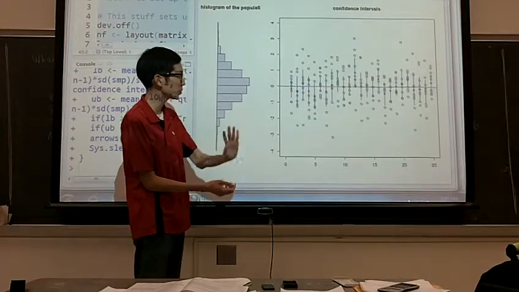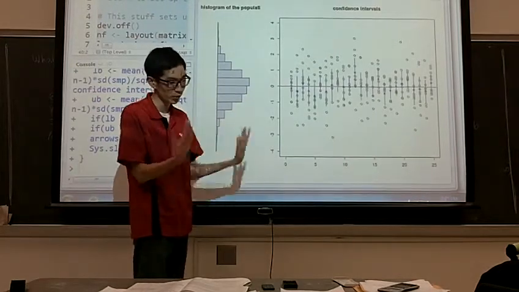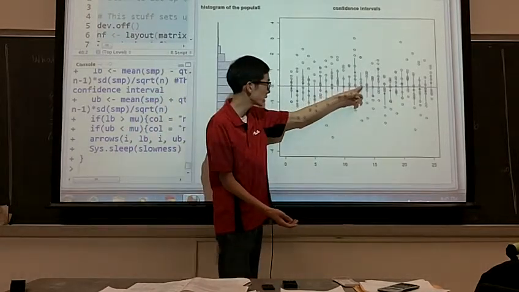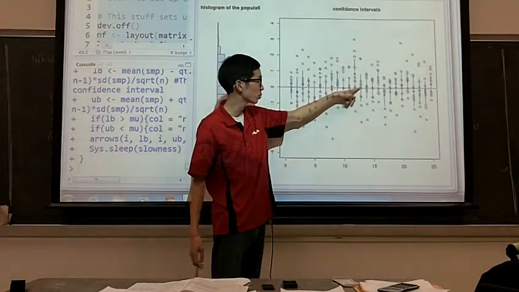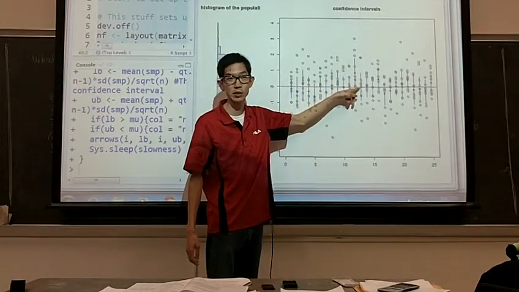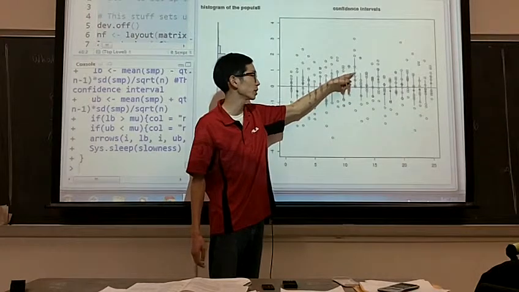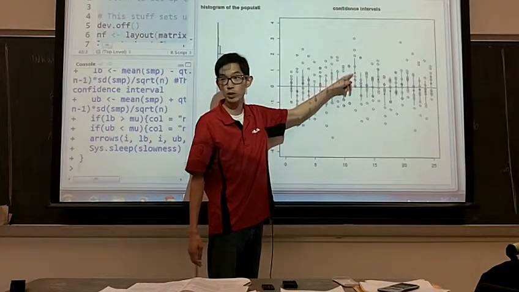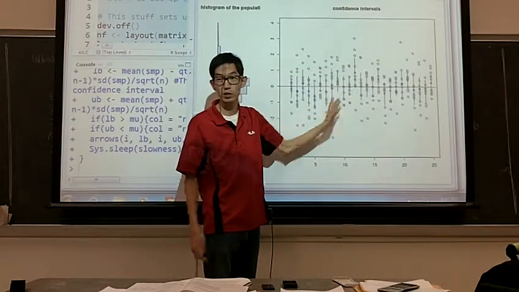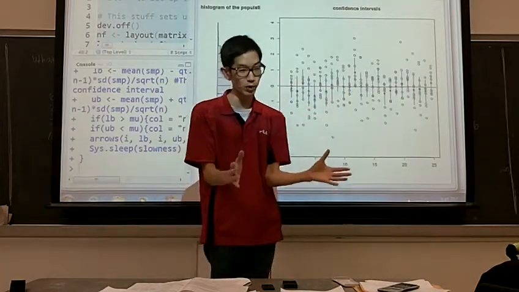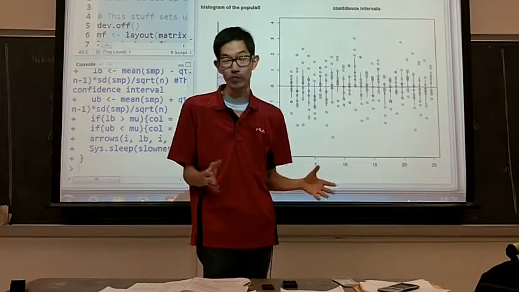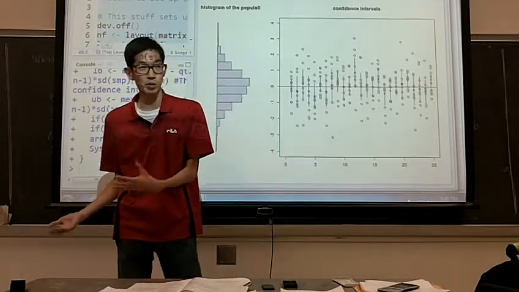And so whenever we take a random sample of 10 points, or whatever sample we get, we don't know if we get this one, where the mean of the sample, this blue dot, is very close to the population mean, or if we're this sample, where the mean of the sample is pretty far away from the population mean. Okay, so when you observe a random sample, you have no idea how this sample compares to the actual population.